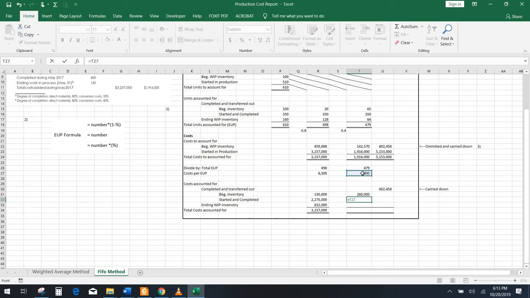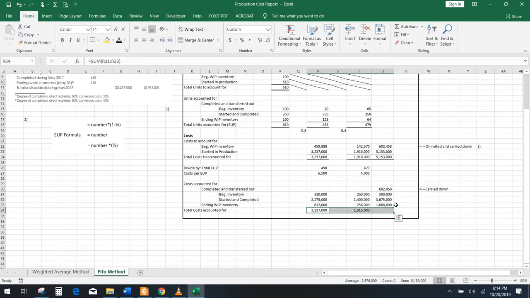Cost per EUP multiplied by the cost in the started and completed. And this is cost per EUP multiplied by ending inventory. That's auto sum. These are carried over. This is carried over. This is carried over. And this is equal to those numbers.